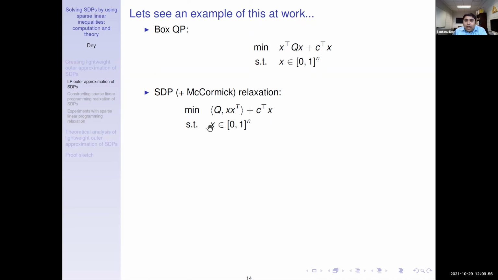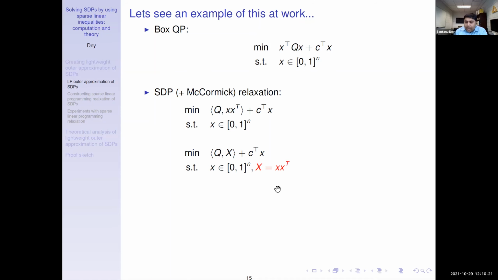And now once we see that it is this form, you can rewrite it by introducing a new matrix variable, which is supposed to be the outer product of your variable X times X transpose. This is your matrix variable, and so this is the problem to solve. This is equivalent to the original problem.